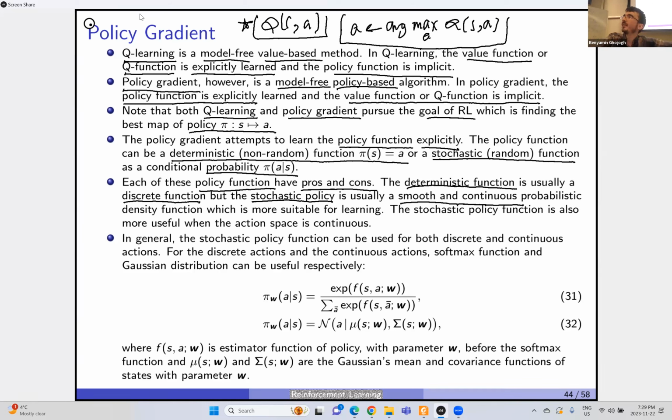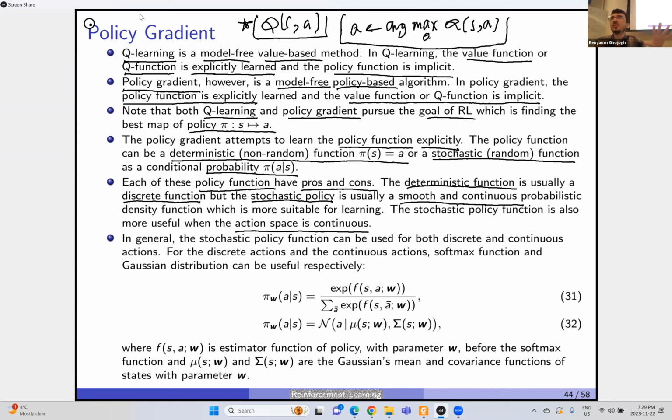But for deterministic, you usually use a discrete function. As a result, a smooth stochastic policy is good for learning, because smoothness is good for gradient descent and gradient optimization. Also, if the action space is continuous, it is suitable to use a probabilistic policy.